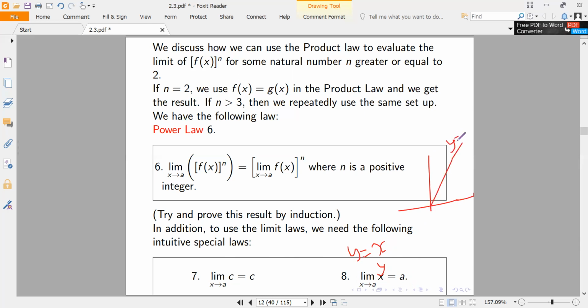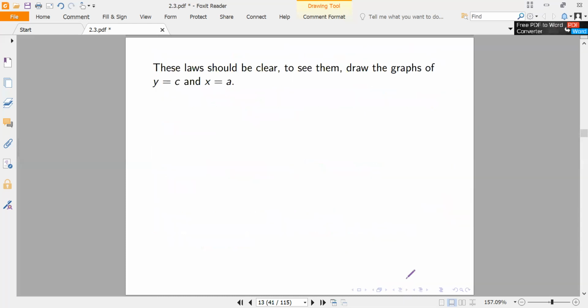So if a is somewhere here, x is approaching a, and remember that y is equal to x. So if x is approaching a, the corresponding y has to be the same, and it has to be a as well. That's why number 8 makes sense. Because the limit of x approaching a of x, your answer would be a. I hope that makes sense.